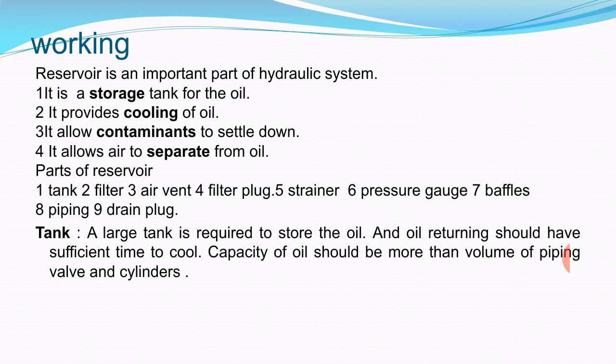It allows air to separate from oil, so air will go out through the vent hole. The different parts of the reservoir are tank, filter, air vent, filter plug, strainer, pressure gauge, baffles, piping, drain plug, etc.